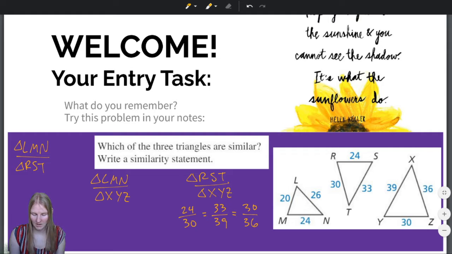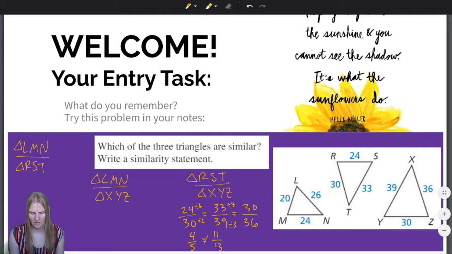Let's simplify these fractions. I can divide by 6 on the top and bottom and get 4/5. I can divide by 3 on the top and bottom here, and I get 11, right? 39 divided by 3. Yeah, 11/13.